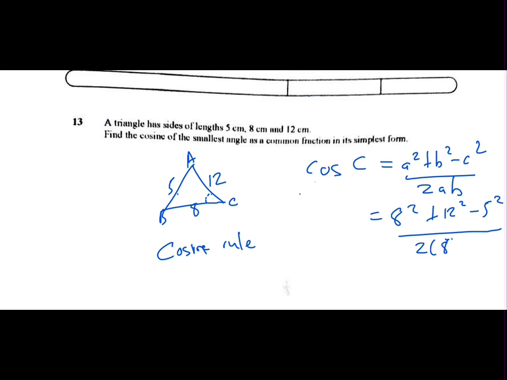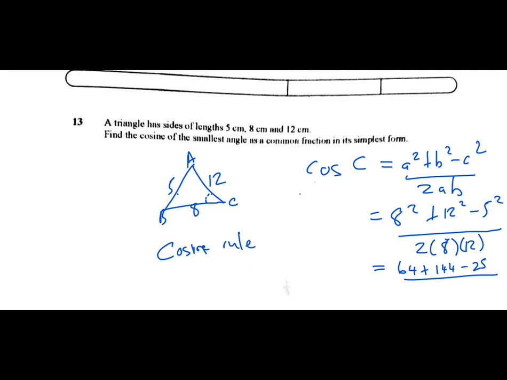Be careful when you are writing these figures so that you don't lose marks for silly things, right? Then here it will be 64 plus 144 minus 25, all divided by 8 times 12, that's 96 times 2. That would give you 6 times 2 gives you 12, and then you carry 1, then 9 times 2 gives you 18 plus 1, 19.